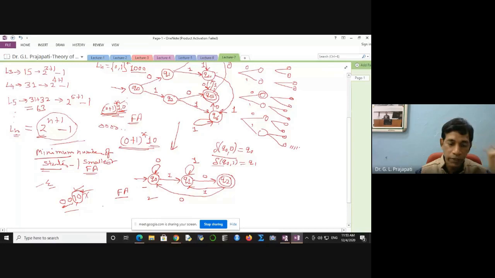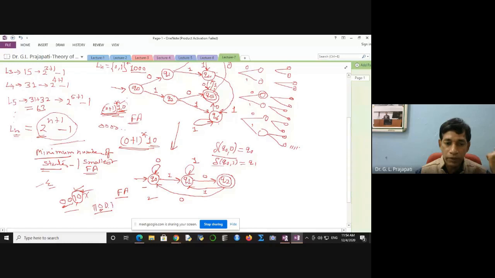So for any string you give that is not in the language, like 1, 0, 0 or 1, 1, 0, 0: whenever you have the 1, you are at Q1. Again 1, you remain in Q1. Whenever you have the 0, you move to Q2. And then you have a further 0; you are at Q2, you come to Q0.